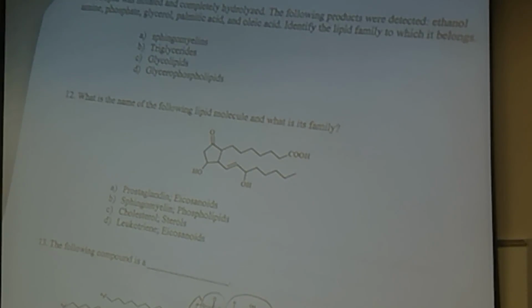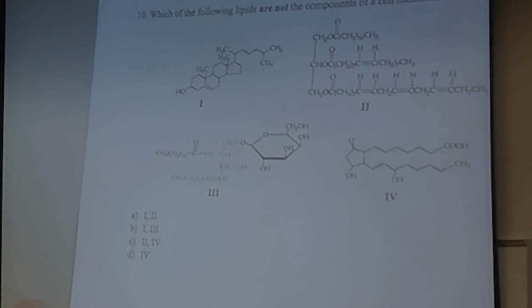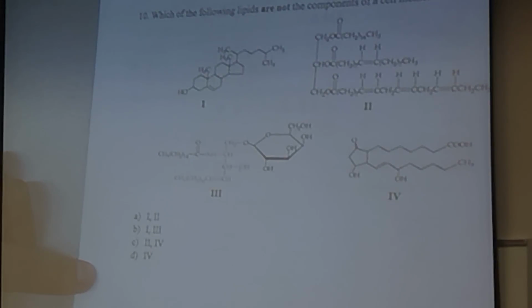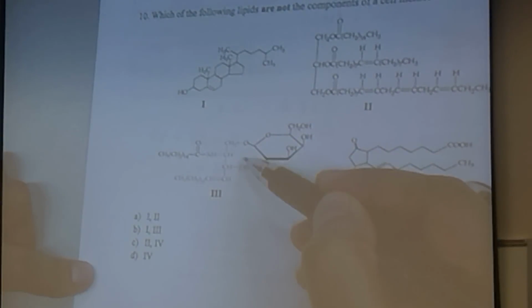Now let's pick any one, for example, if I take this one, structure number 3, it's a lipid. Which bonds do we think are going to be broken? Hydrolysis also breaks the glycosidic bond.